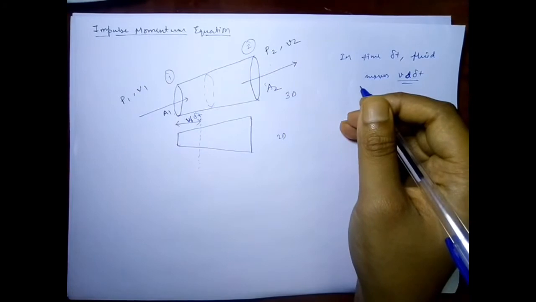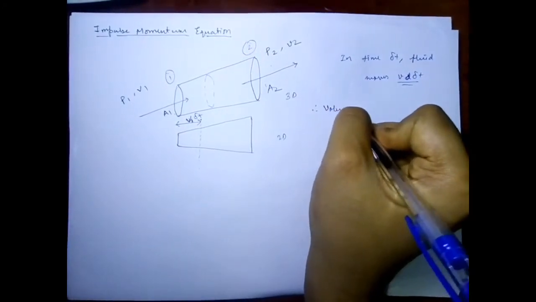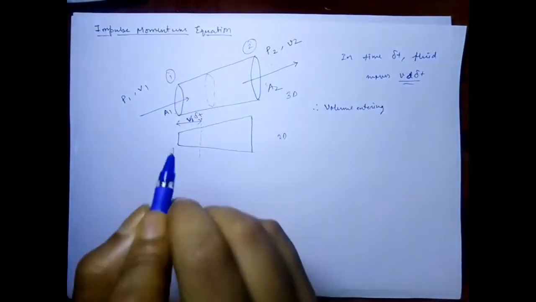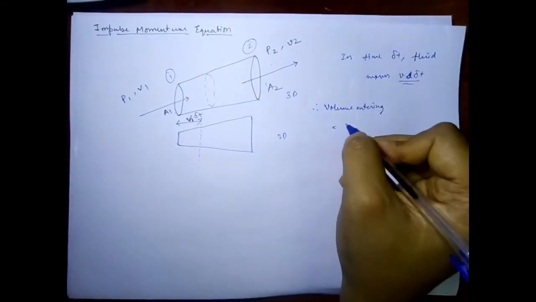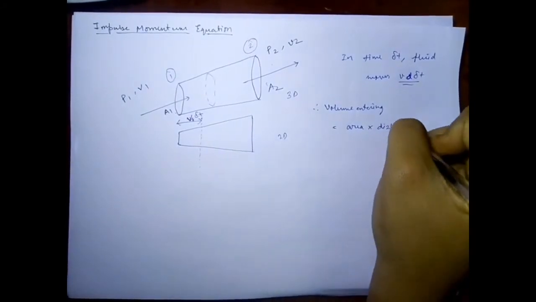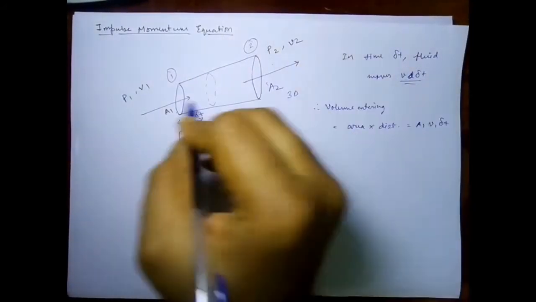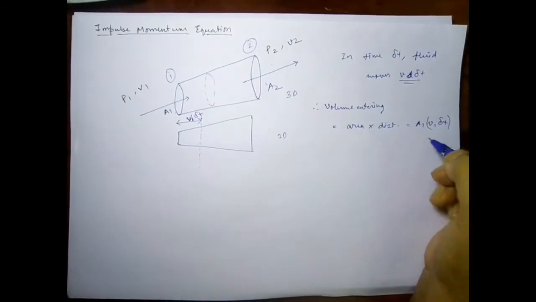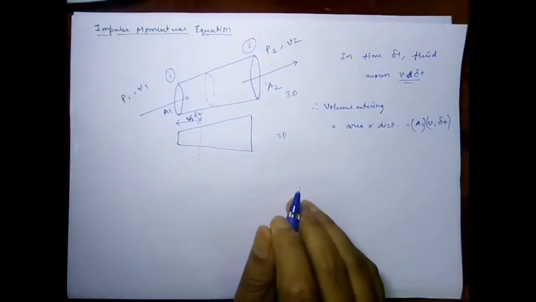Therefore, the volume of fluid entering the stream tube is equal to area times distance, which is A1 V1 delta t. Here the velocity is V1, delta t is the time, so V1 delta t is the distance and A1 is the cross-sectional area at this particular section.